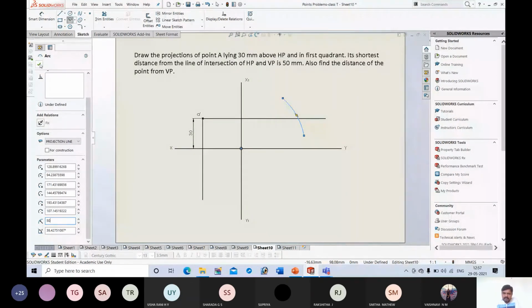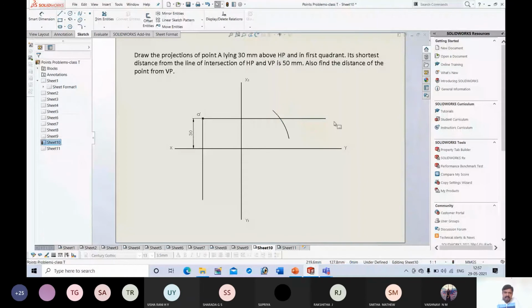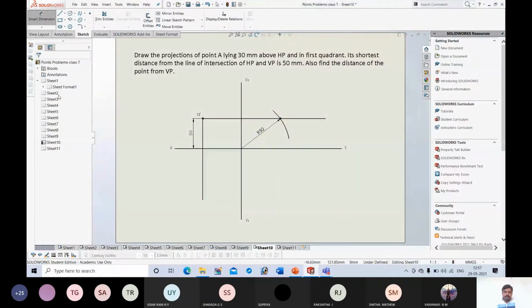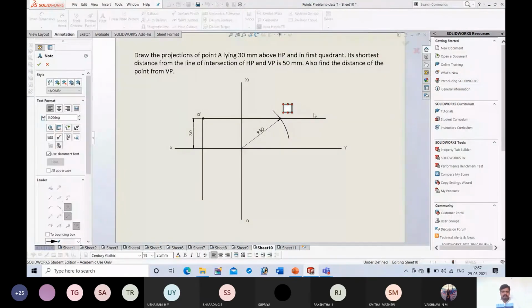Where this arc cuts this line, that point itself is the profile view, and this should be 50. Now I got the profile view, A double prime.